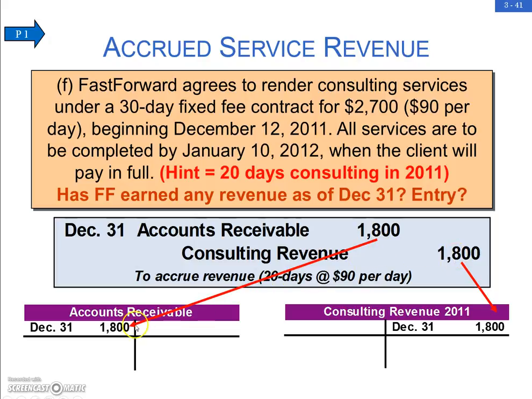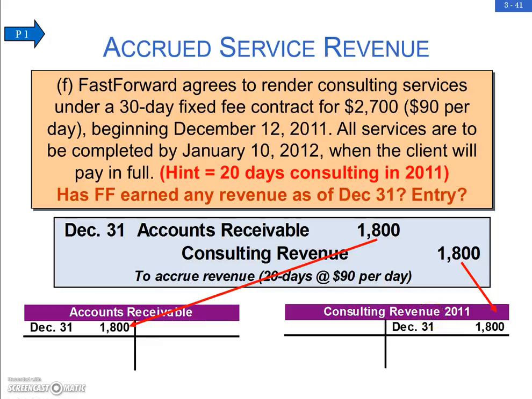Now this is what it would look like when we post it. Of course, in the next chapter we're going to learn which accounts are temporary accounts. Revenue and expenses are temporary accounts, and everything else, assets, liabilities and owner's equity, are permanent accounts, meaning those remain with us every year, whereas revenue and expenses are temporary accounts, and they're closed out every period.